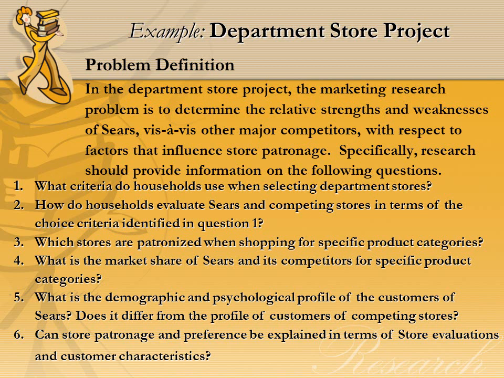Question number 4: what is the market share of Sears and its competitors for specific product categories? Do you need to conduct primary research or descriptive research for this? No, I don't think so. You don't need to go for primary field research for this. You can get all this information from secondary data itself.